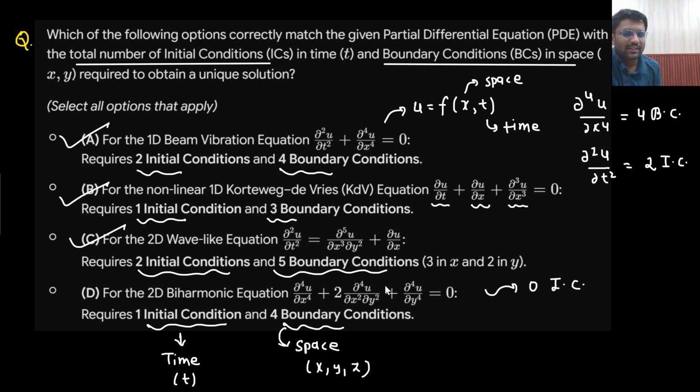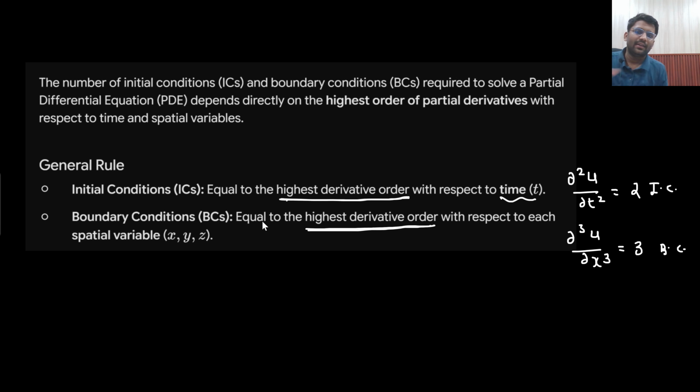So, now what about the space? Sir, in space, it has been differentiated a maximum of 4 times. So, how many boundary conditions do you require? 8, not 4. Why 8? Because you need to see the x, y, z directions separately. What has been written? Equal to the highest derivative order with respect to each spatial variable x, y, z.